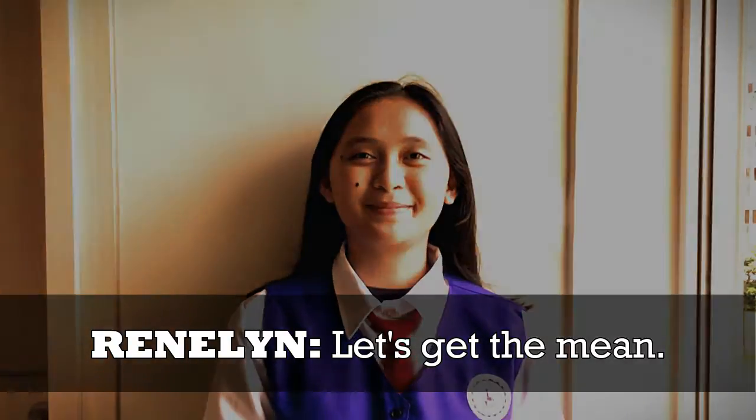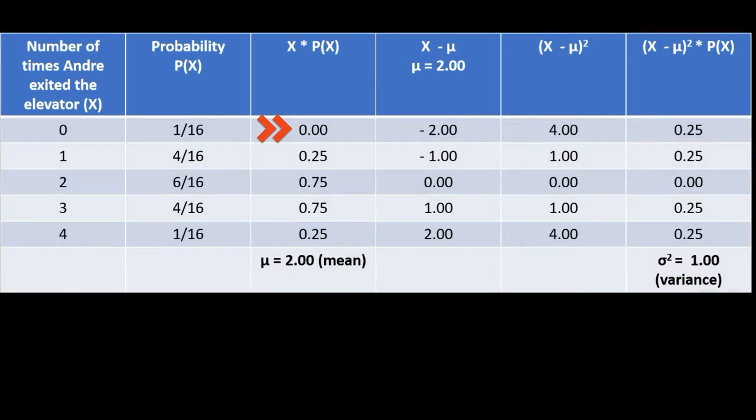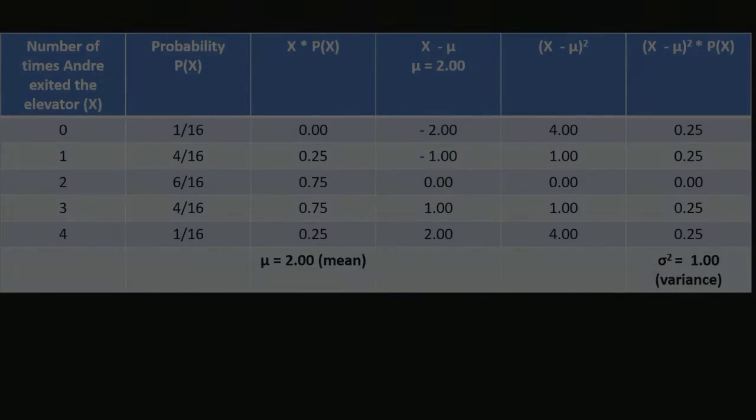Let's get the mean. 0.00 plus 0.25 plus 0.75 plus 0.75 plus 0.25 is equal to 2.00. For the fourth column, we got the differences of the values of x and the mean. For the fifth column, we got the differences squared in the fourth column. For the sixth column, we multiplied the answers in the fifth column by the probabilities.